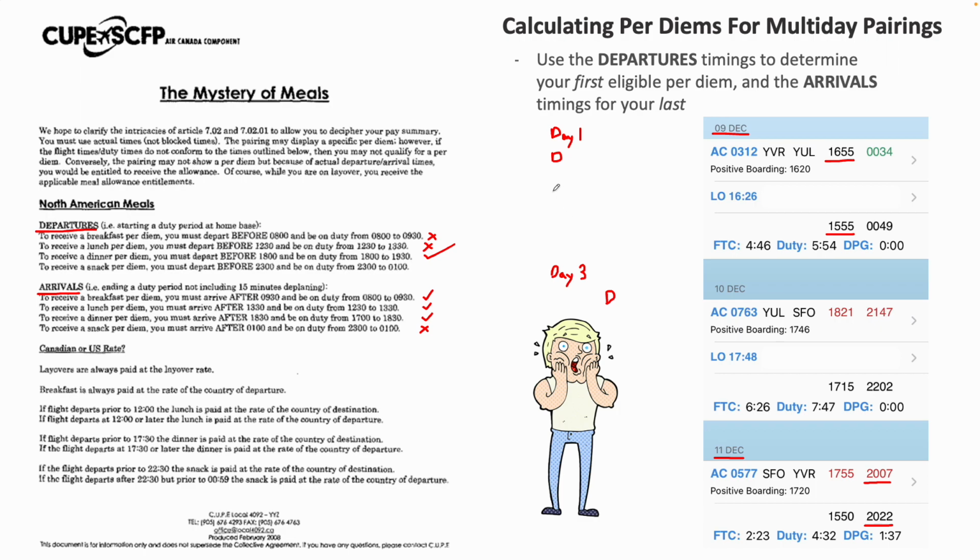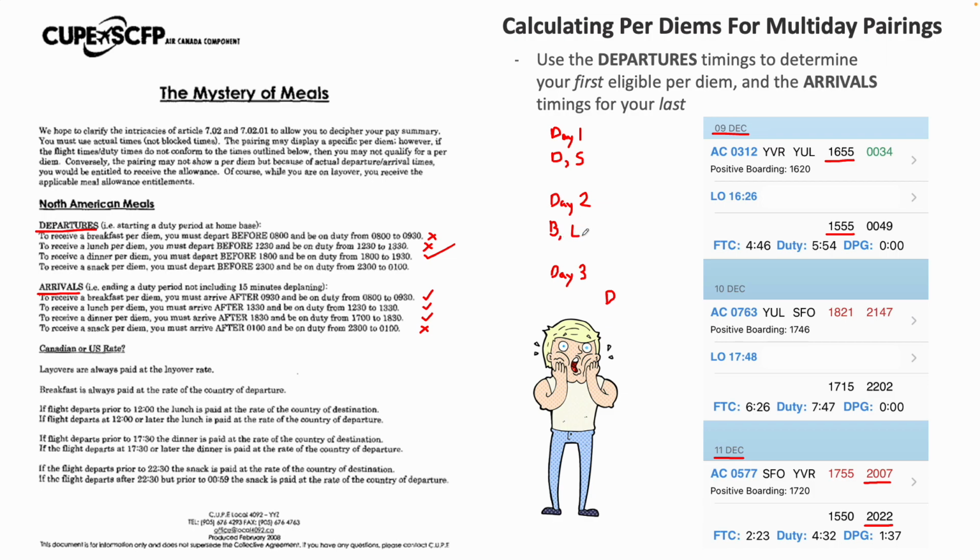So then what we do after all this is we really just fill in the gaps. Since we know that we're entitled to dinner on day 1, it follows that we must be entitled to a snack. On day 2, we are away the entire day.